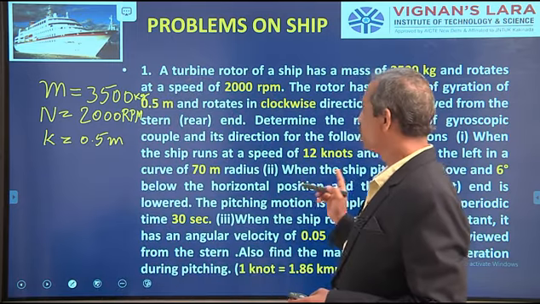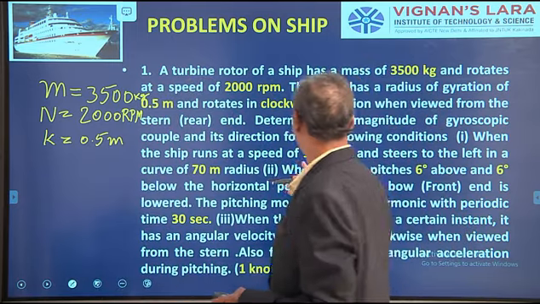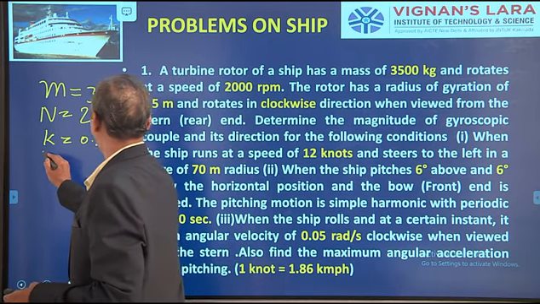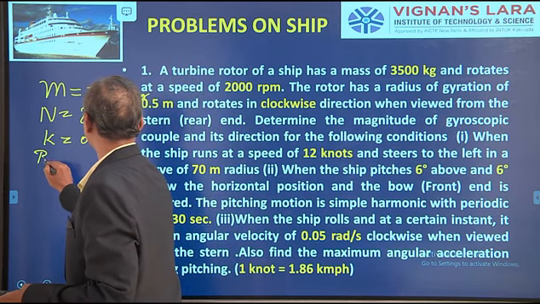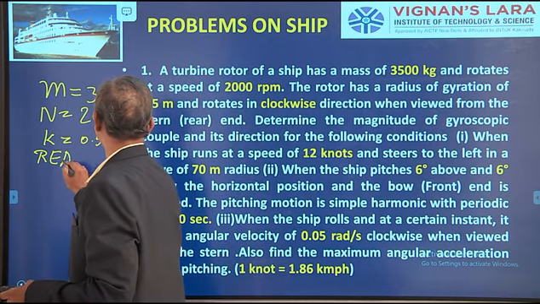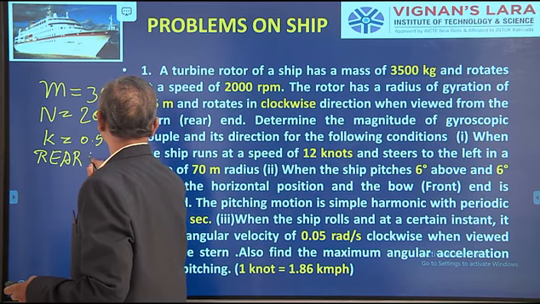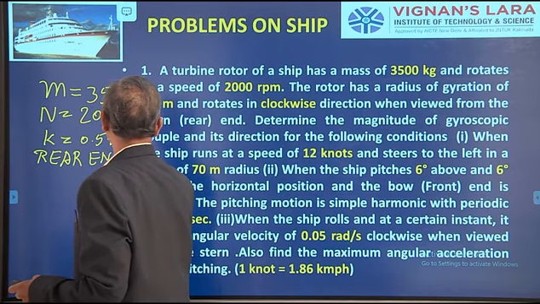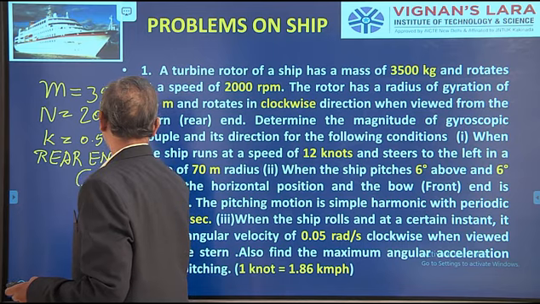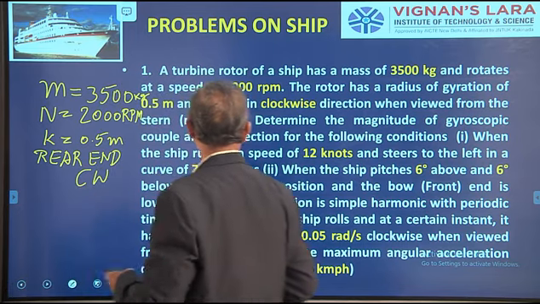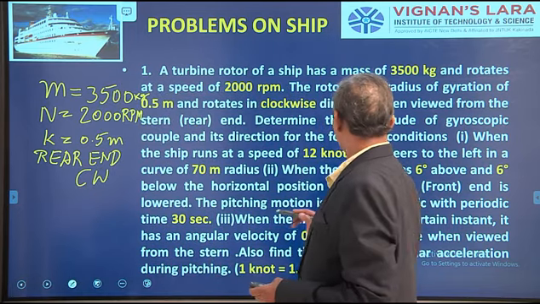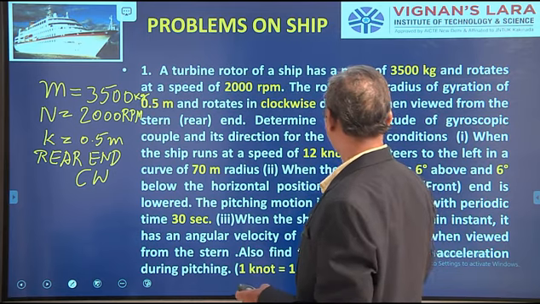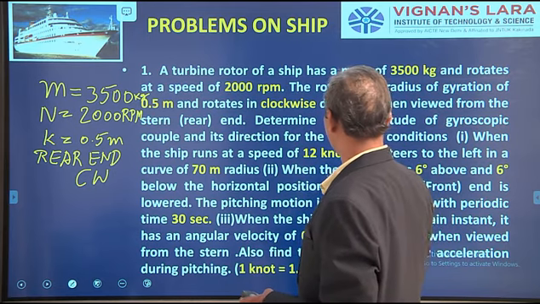Then how are you looking? You are looking from the rear end. So the direction from the rear end is clockwise. Then what other data is available as far as steering is concerned?